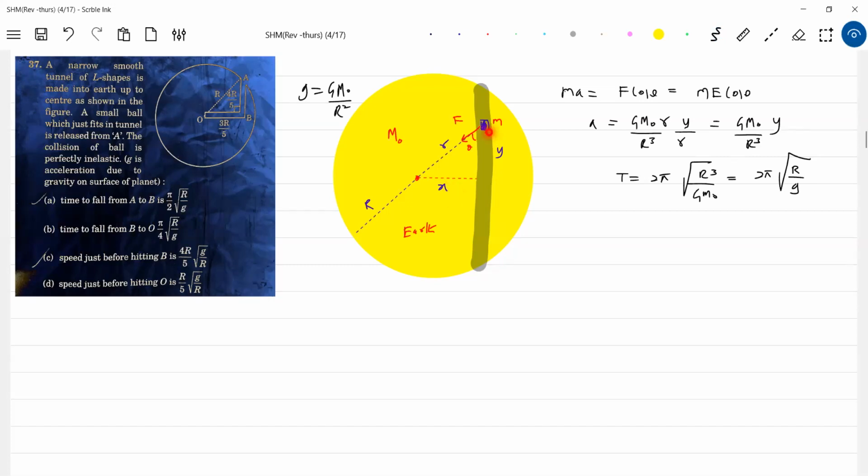Yes, it is. Either the chord is like this, or like this, or like this, or even x equal to 0, if the tunnel is along the diameter, the time period of oscillation is given by this particular formula. I think it will come to 84.6 minutes. Am I right? Agreed. So there's the background.